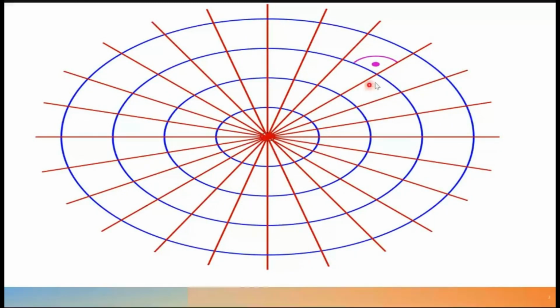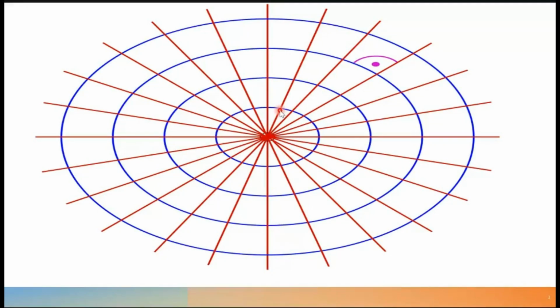At each point of intersection the angle is 90 degrees, so these two curves are called orthogonal curves.